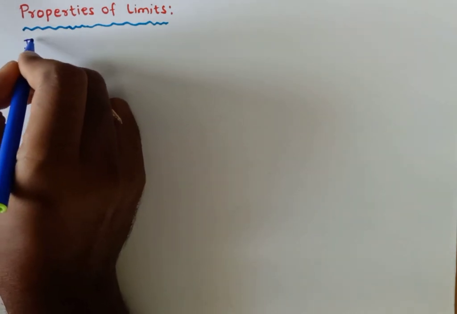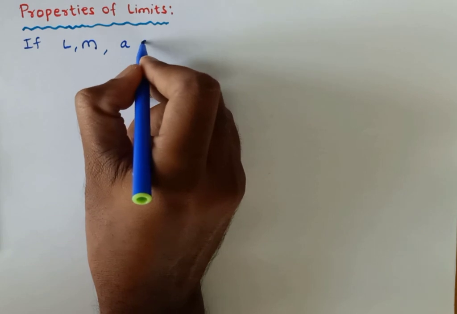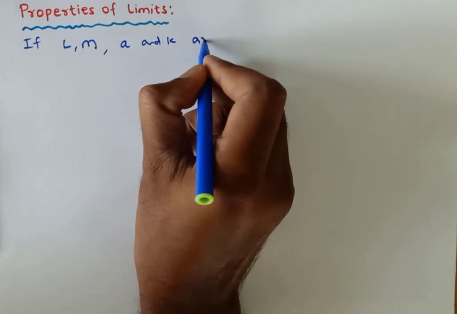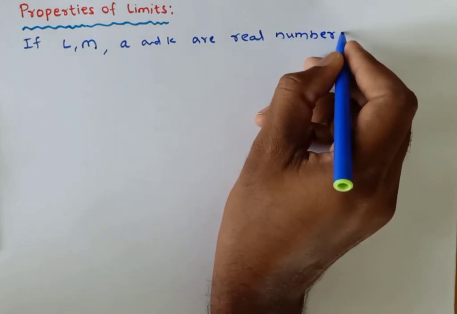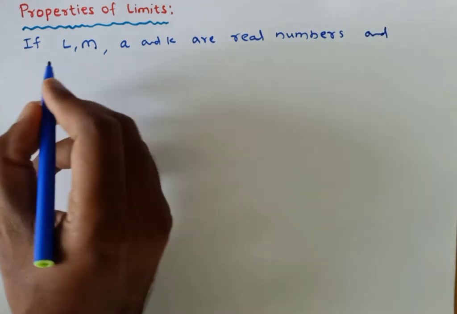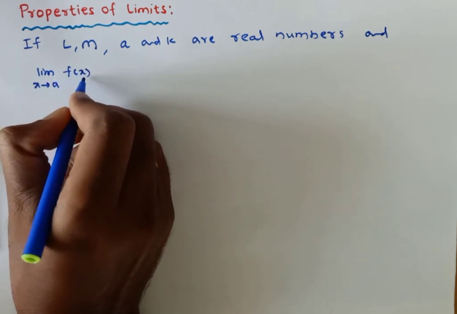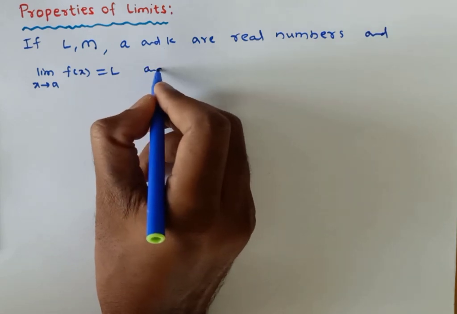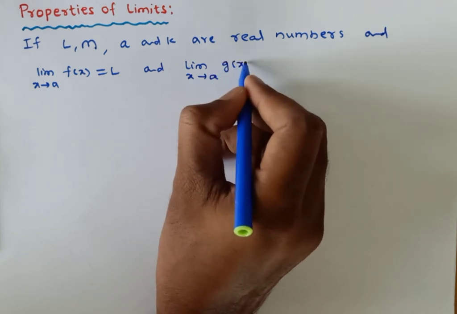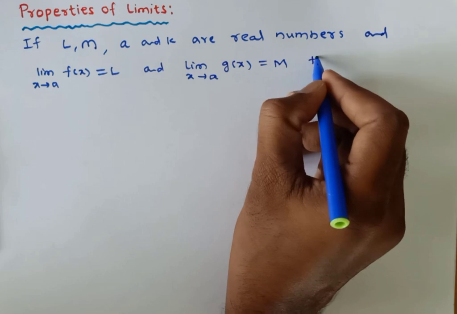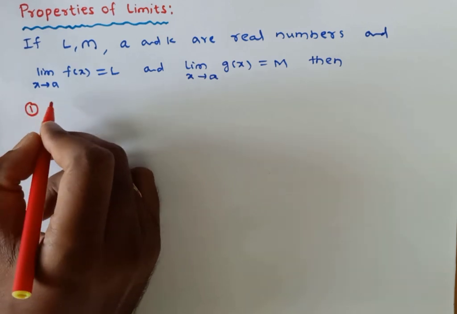So here, capital L, M, and small a and k are real numbers, and the limits of f of x and g of x are given: the limit as x tends to a of f of x is L, and the limit as x tends to a of g of x is M. Then the first property is the sum rule.